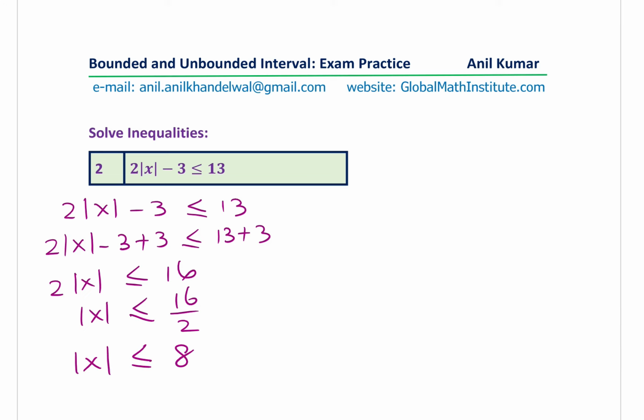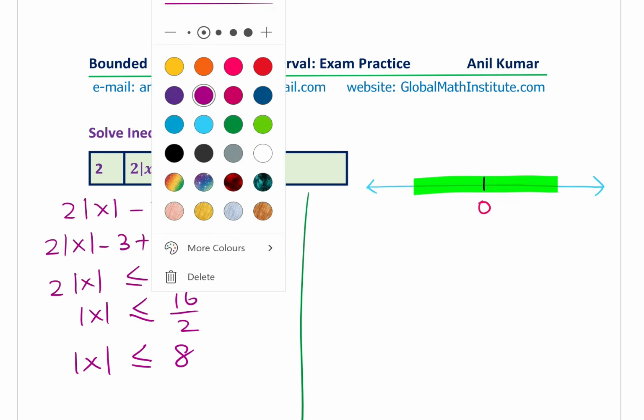Now what does that mean and what should be the answer? This is very critical to understand. When we say absolute value, it could be on either side, right? So plus or minus. Really speaking, if you are looking at 0 at this point, we are just saying that the x value is between plus and minus 8. So that is how you have to interpret this particular solution.